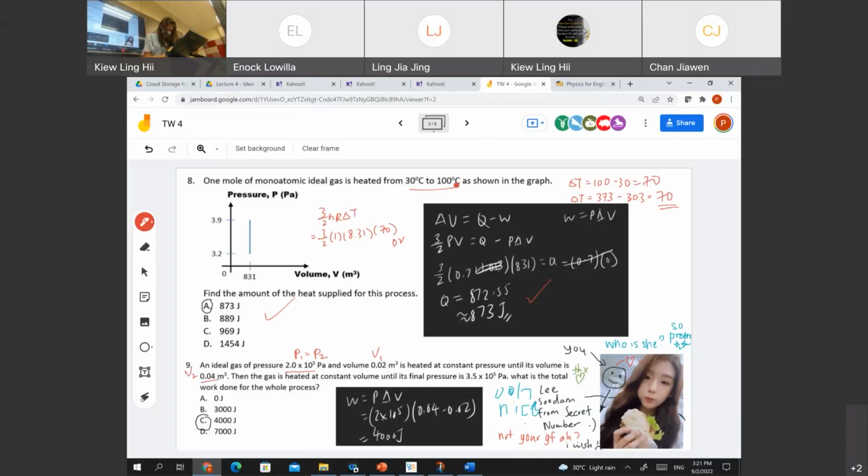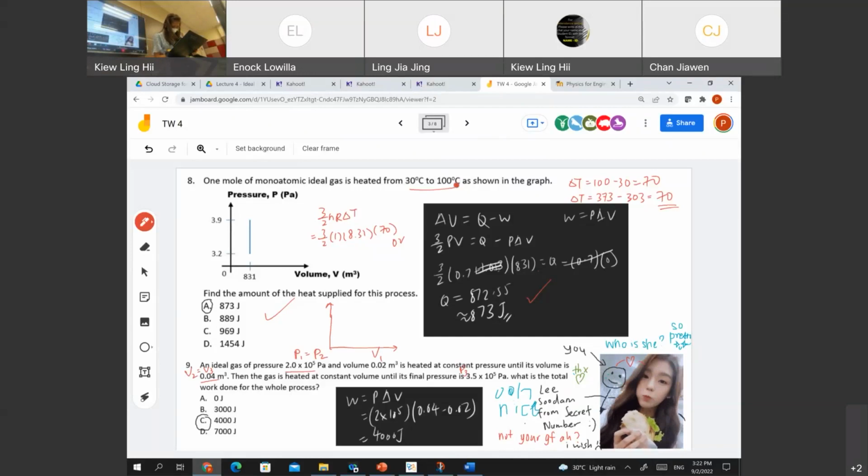Then the gas is heated at constant volume, so V2 equals V3, until the final pressure P3 is 3.5 times 10 to the power of 5. What is the total work done? You could use the formula, or you can use a graph to better illustrate this process.